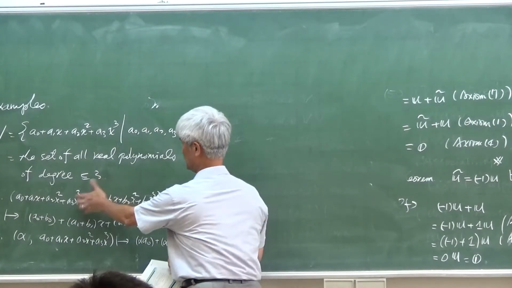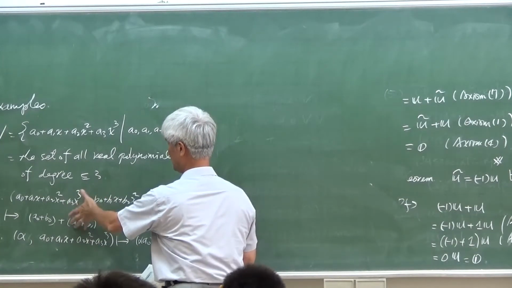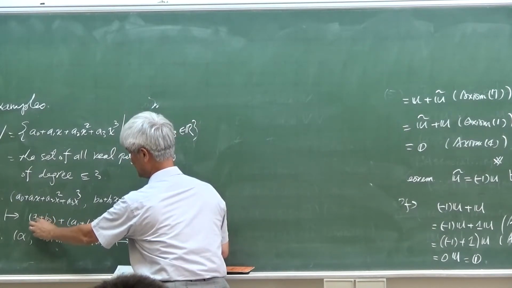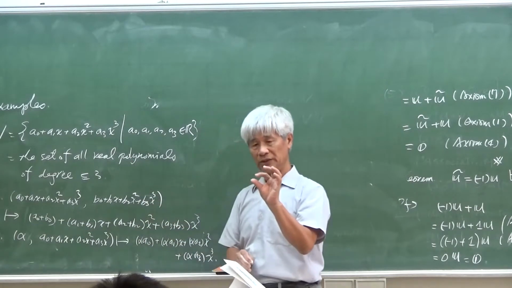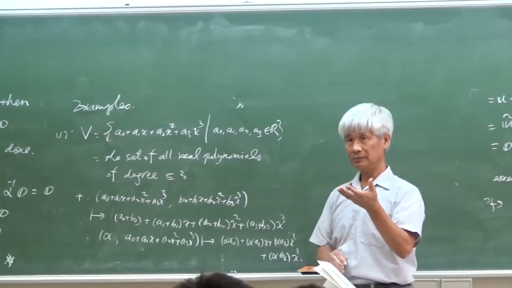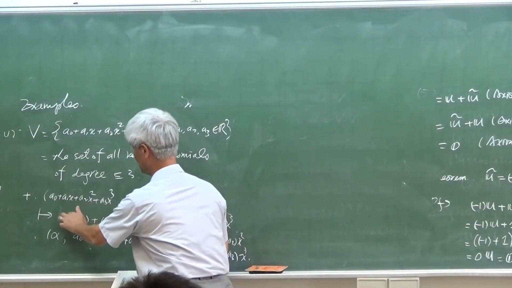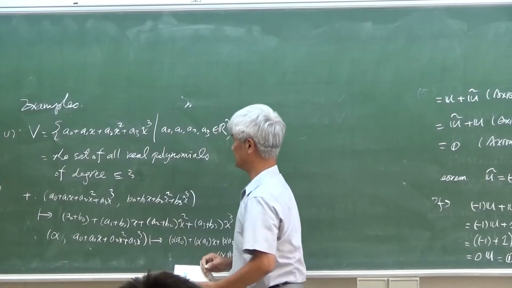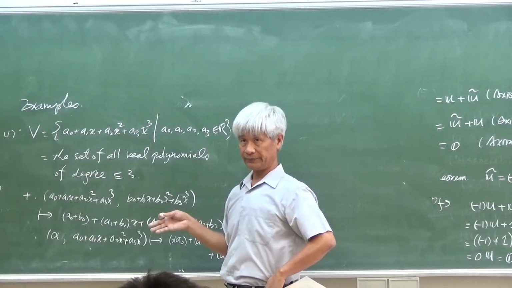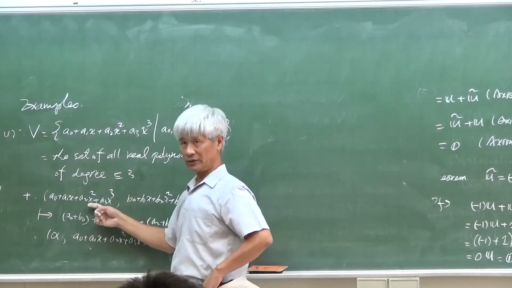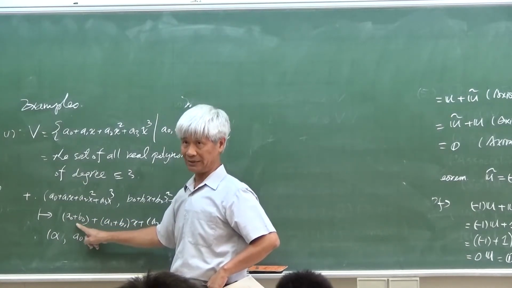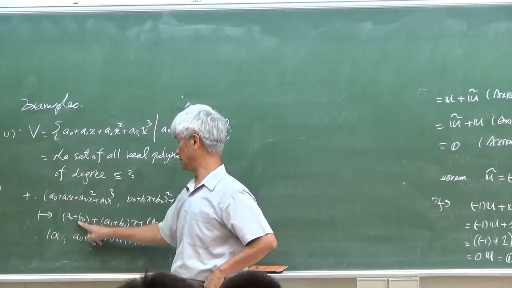If you change the order of these two polynomials, that means you change the order of the addition of scalars. But the addition of two scalars is commutative, so the commutativity of vector addition is satisfied. Similarly for associativity, because it corresponds to the associativity of scalar addition.